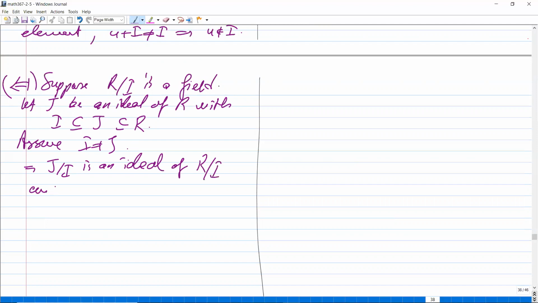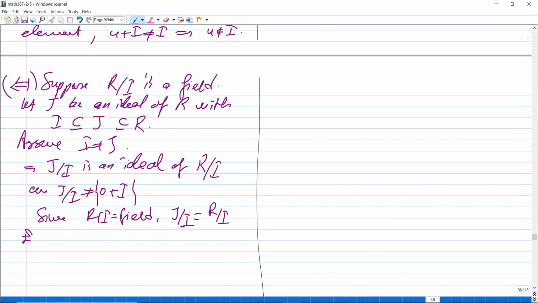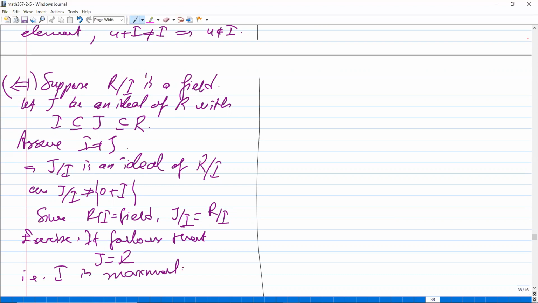And J over I is not 0 plus I. Since R over I is a field, the only ideals of R over I are the zero ideal and the field itself, so J over I is equal to R over I. And here's an exercise for you. Show that it follows that J is equal to R, i.e., I is a maximal ideal. So that's the end of the proof.